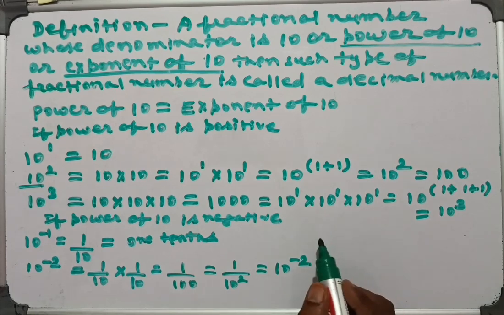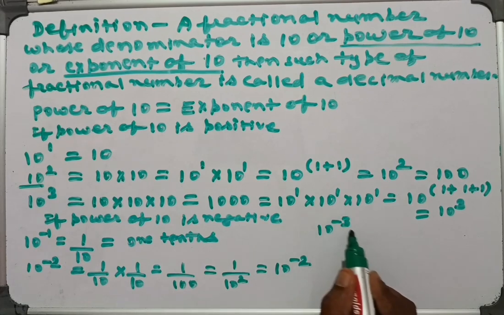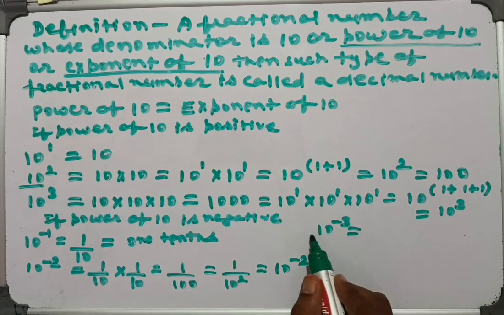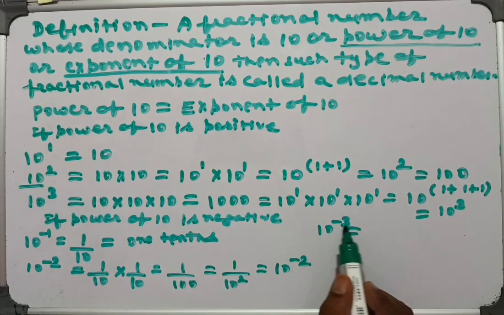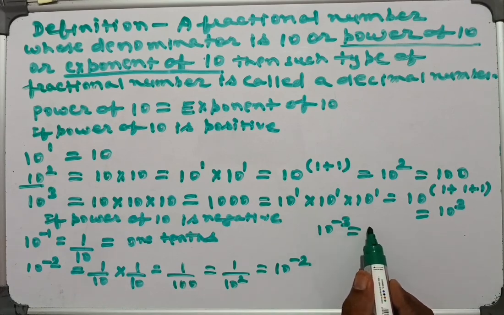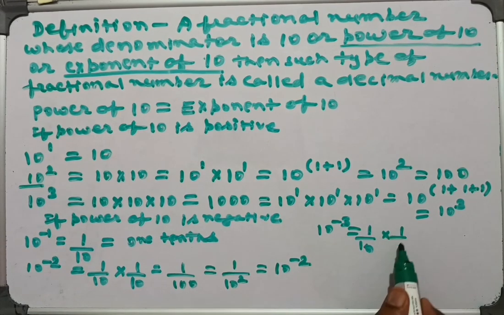Okay guys, take another example, 10 to the power of minus 3. So what will you do? Here minus 3 is given in the power, so you have to multiply 1 by 10 three times.